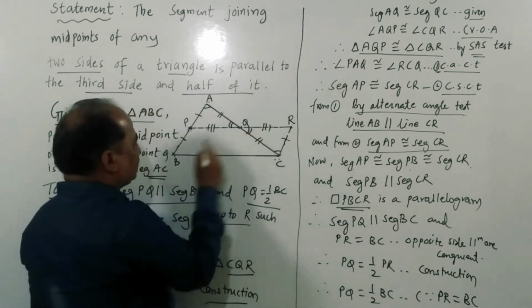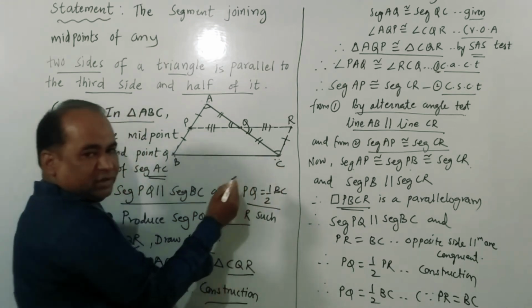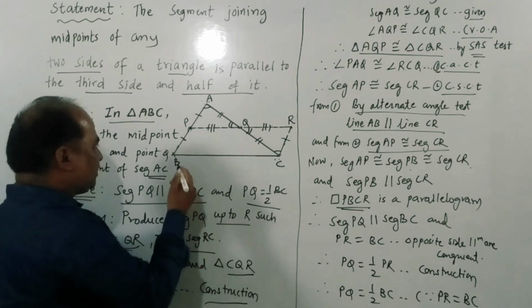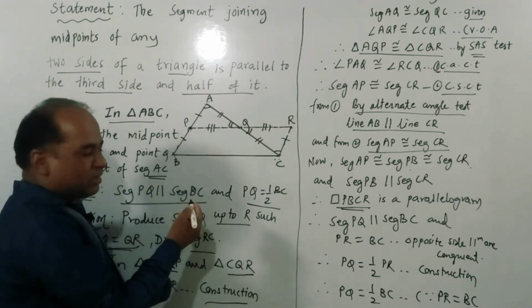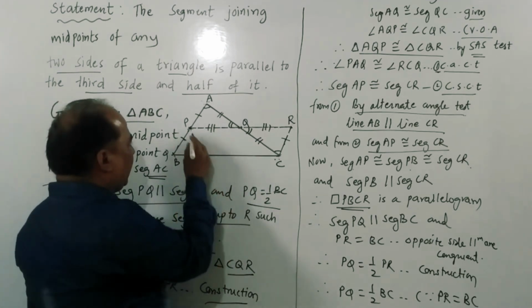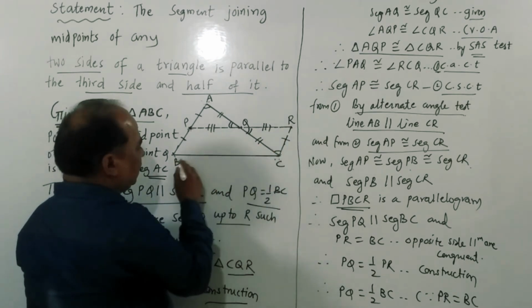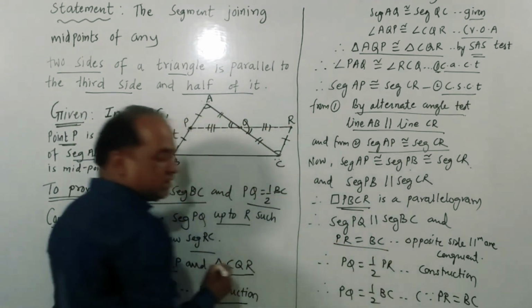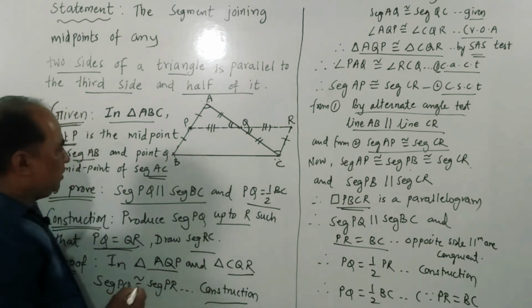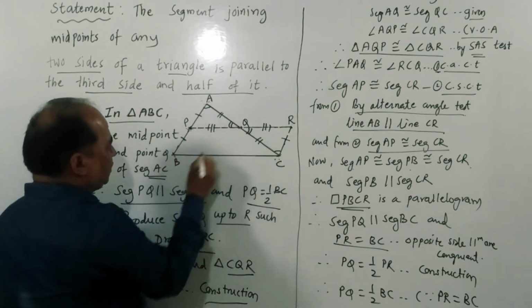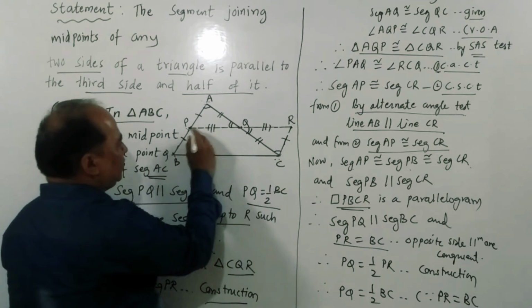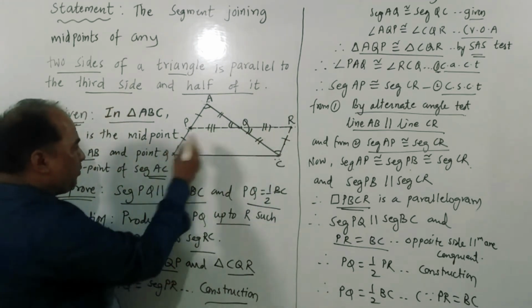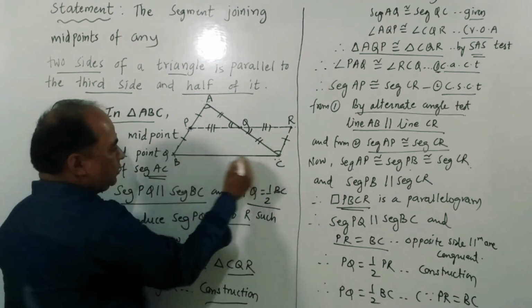Therefore, PQ is also parallel to BC. If a quadrilateral is a parallelogram, its opposite sides are parallel. So PR is equal to BC, as opposite sides of a parallelogram are congruent. Therefore, PQ is half of PR, but PR is equal to BC.